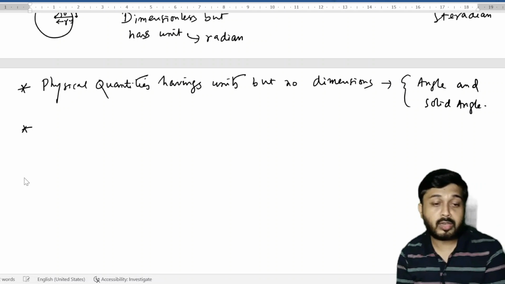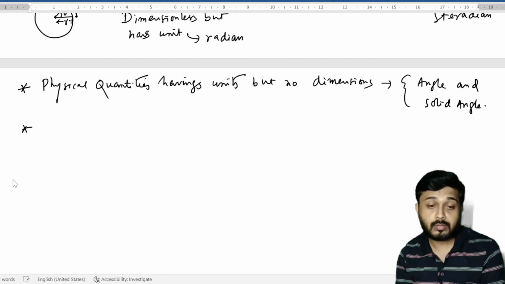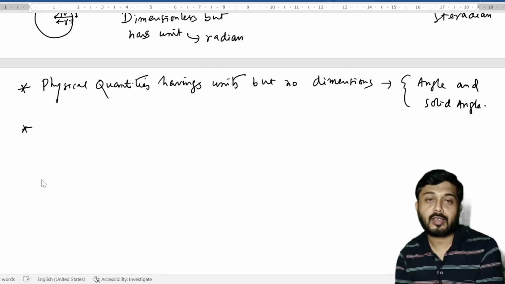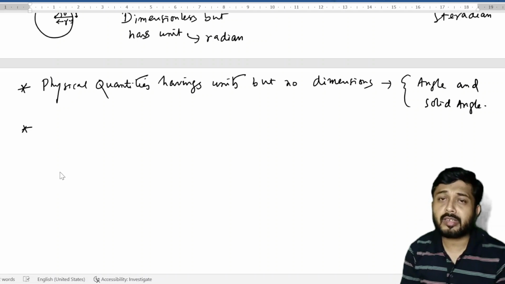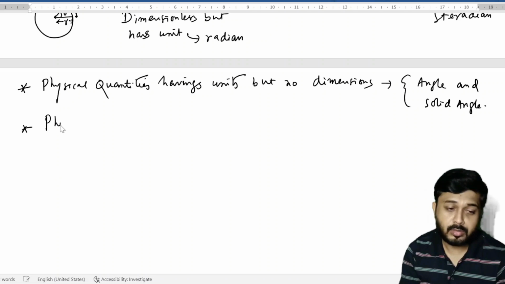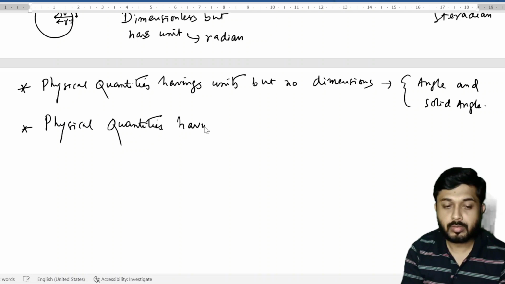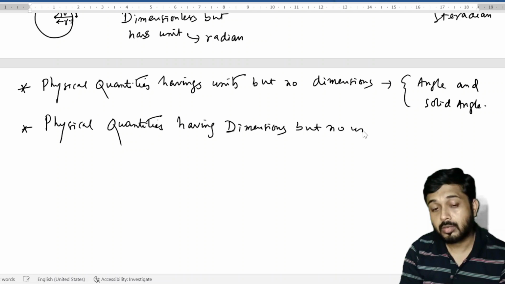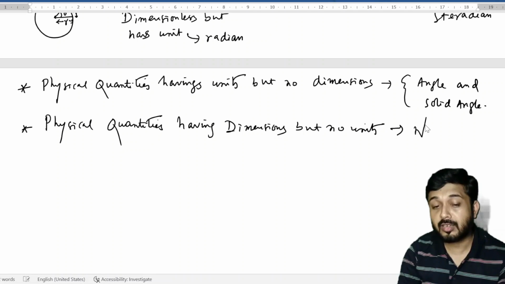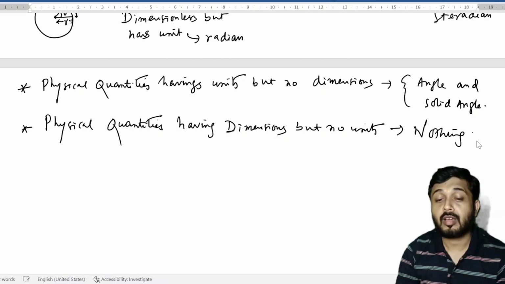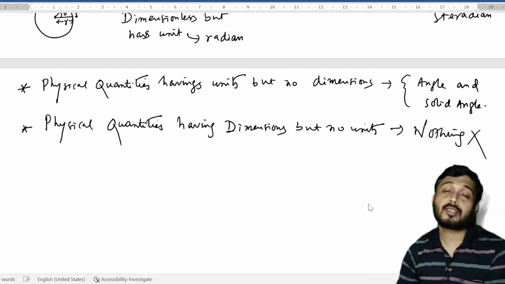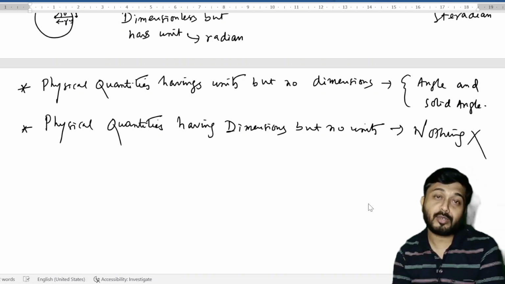But physical quantities which have dimensions but no units are nothing. No such physical quantities exist out there. Nothing can exist out there which has a dimension but no units.